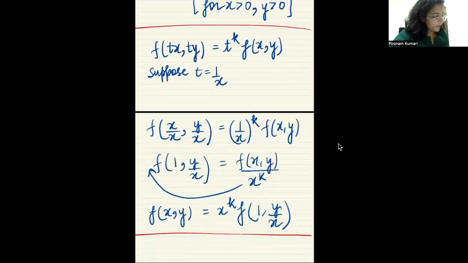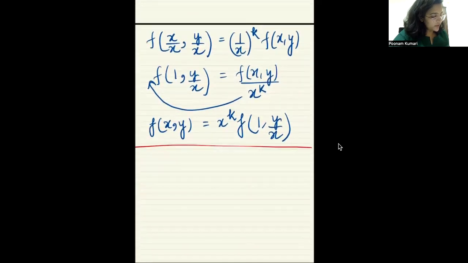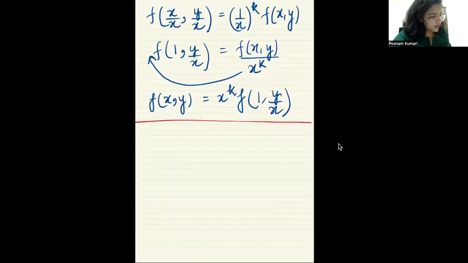There is one more property for homogeneous functions that I would like to discuss here, which is the fourth property, regarding double partial derivatives.